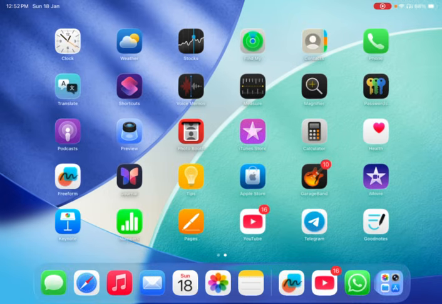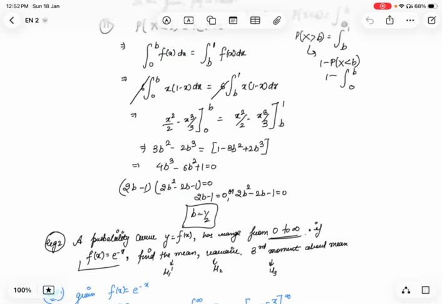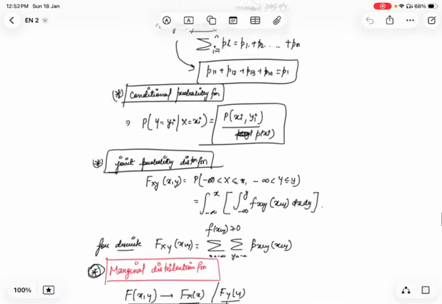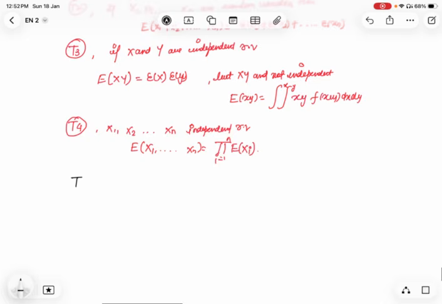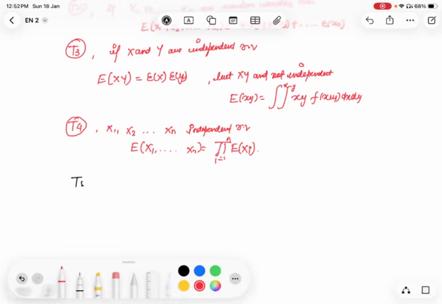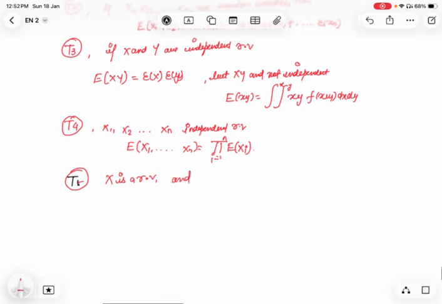Then an important property. Now, if x is a random variable, I'm sorry that the class is too long, but these are easy concepts. If it takes time, then it is not good for your preparation.